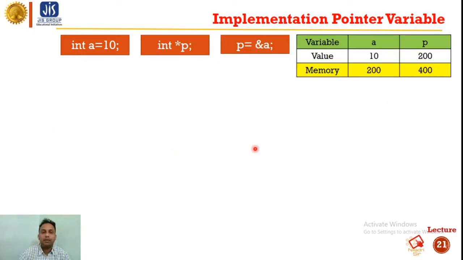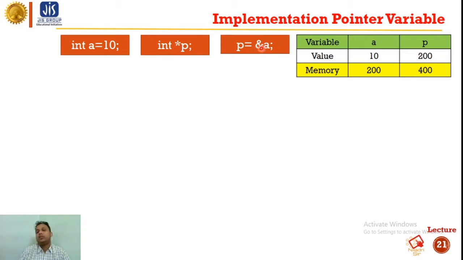Suppose this is a problem. So here int a equals 10, int pointer p equals ampersand a. So a is a variable which can store an integer value, and here a stores 10. p is a pointer type variable, and it can store the address of an integer variable, and here p equals ampersand a.